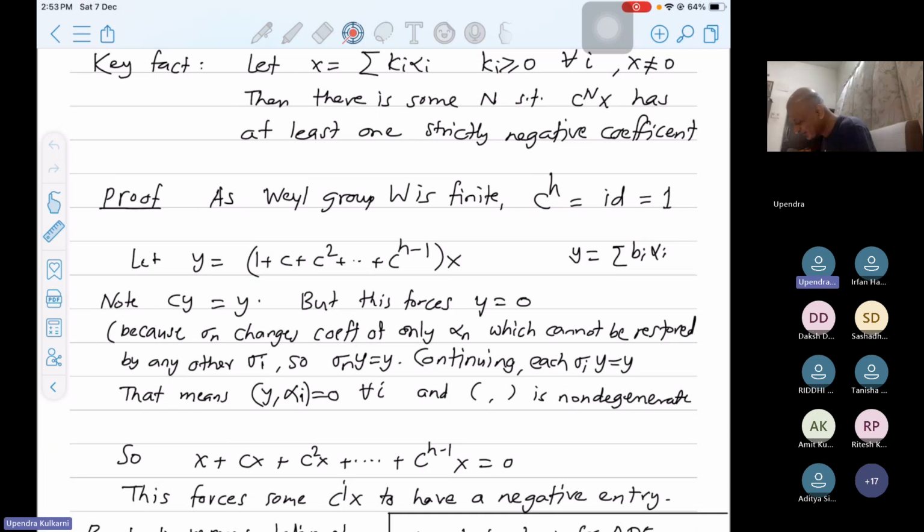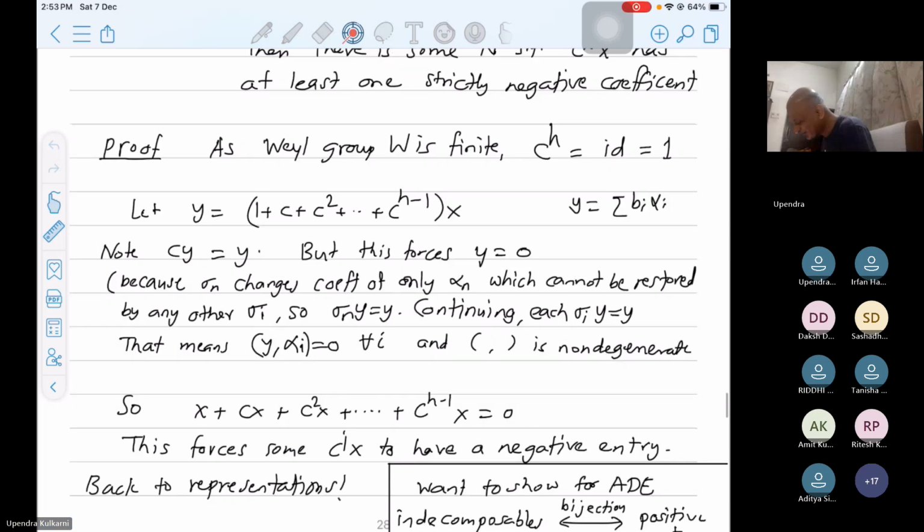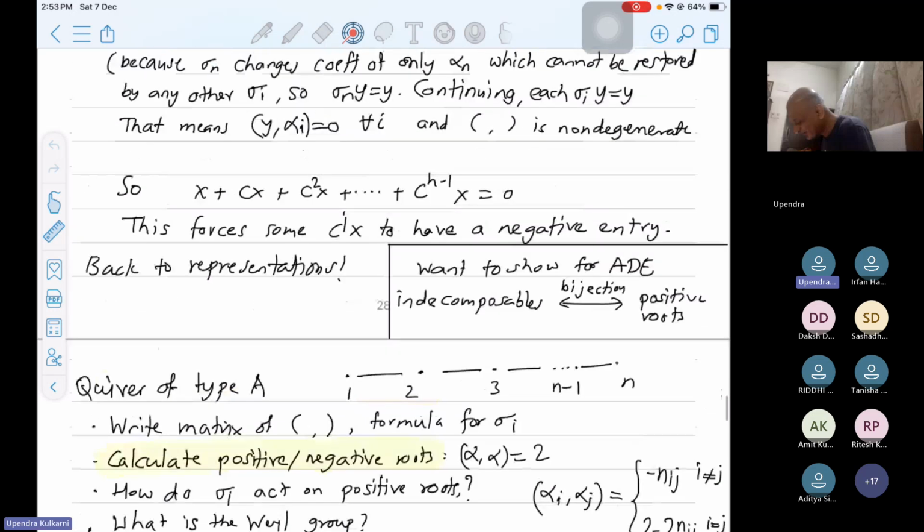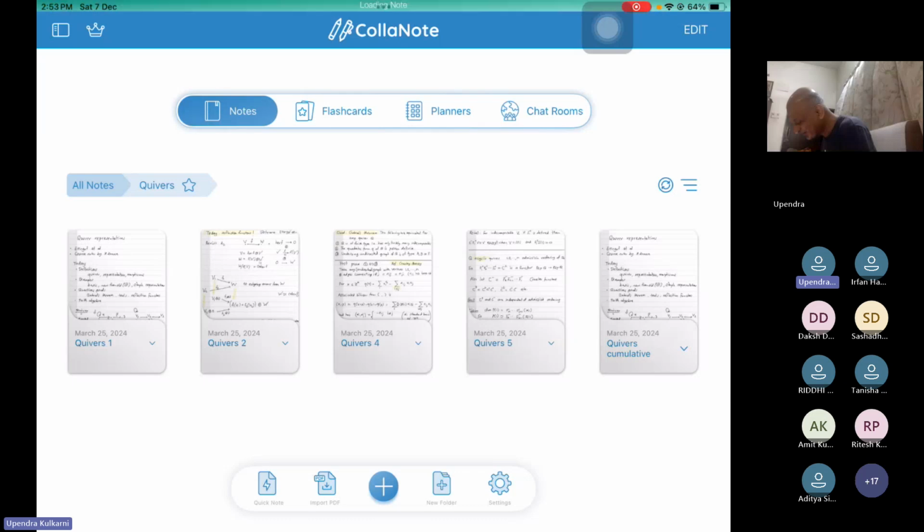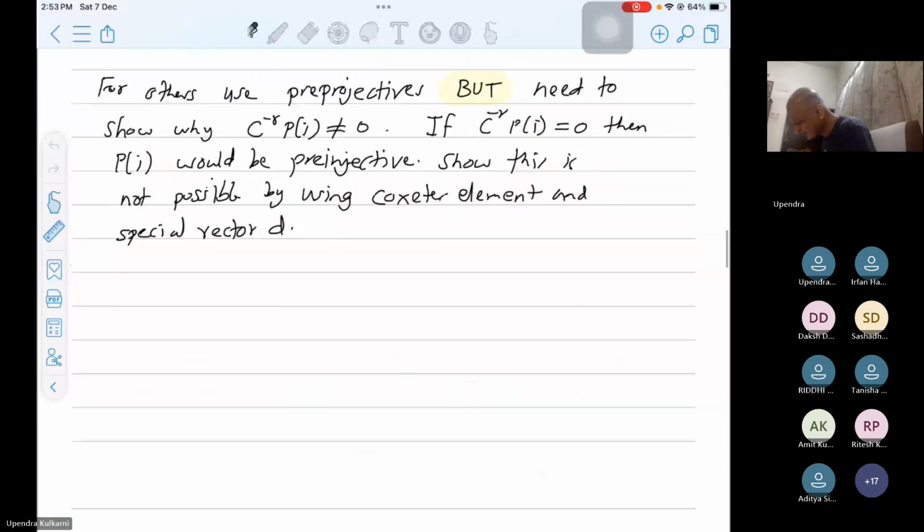So I still play with powers of this Coxeter element, and I try to characterize when a module is projective and injective, and more generally when a module is pre-projective and pre-injective, by means of calculating a certain bilinear form with this special vector. I'm really not going to say anything more, but let's do one more thing. Special vector D.